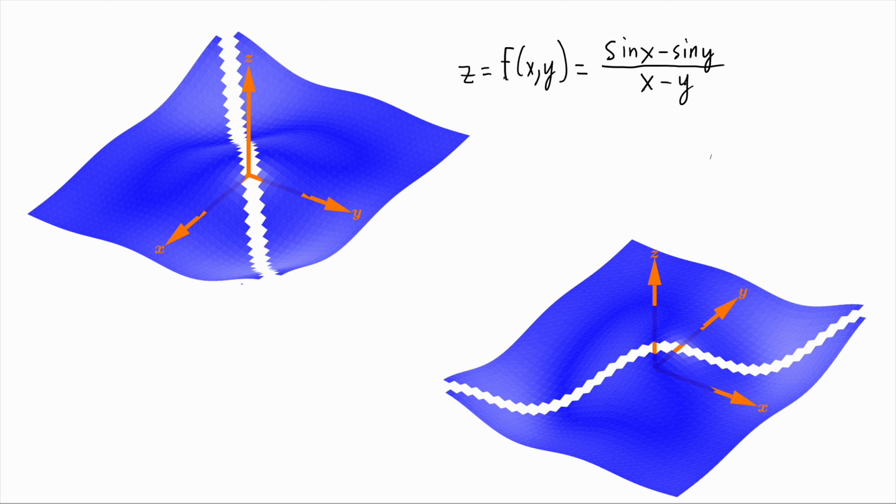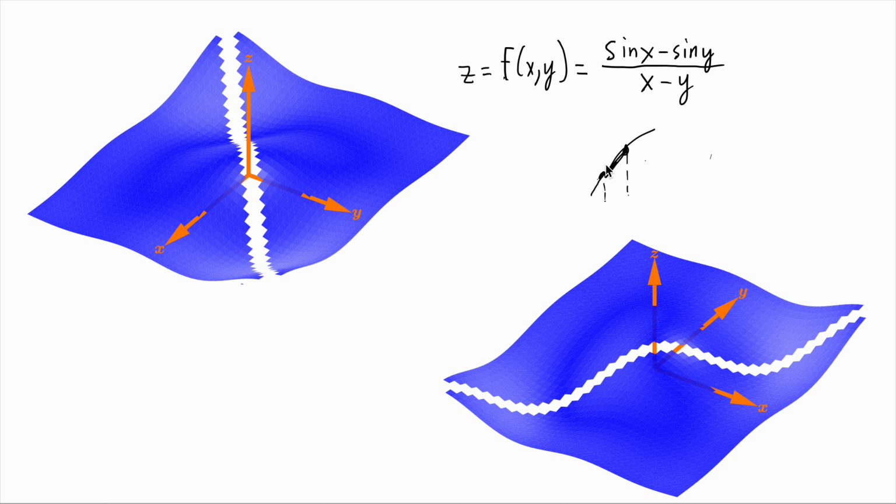Now, that should make sense. Where x is equal to y, you can't divide by 0, so it would be undefined. But as x gets close to y, this fraction should end up giving me the slope of a tangent line, or close to it, where I have 2 points that are close together on the graph of sine, and take the line between them. x and y are values that I'm plugging into sine, and the outputs give me rise over run.